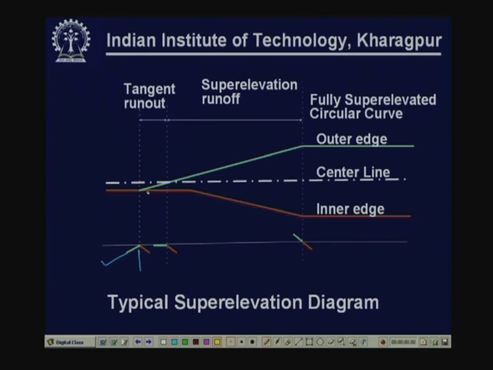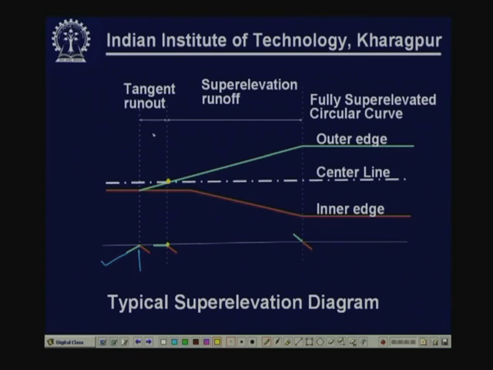After that, the outer edge is rotated with respect to the center line indicated here by this green line, and at this point the corresponding section looks like this: inner edge slope equal to camber, the outer edge flat, or slope 0.